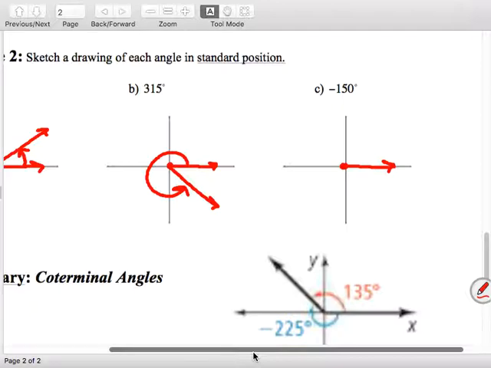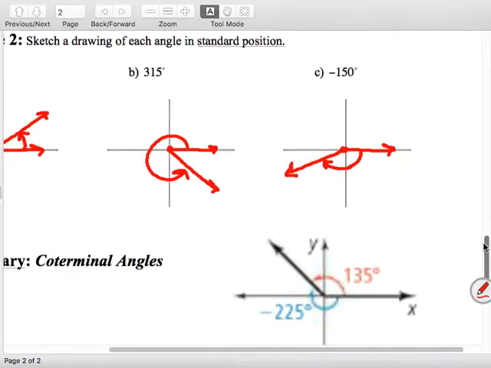So it just goes in the opposite way. Here's negative 90. How many degrees into the next quadrant do I need to go? 60. That's more than halfway. So you're going to draw an arrow more than halfway, and here's your arc.